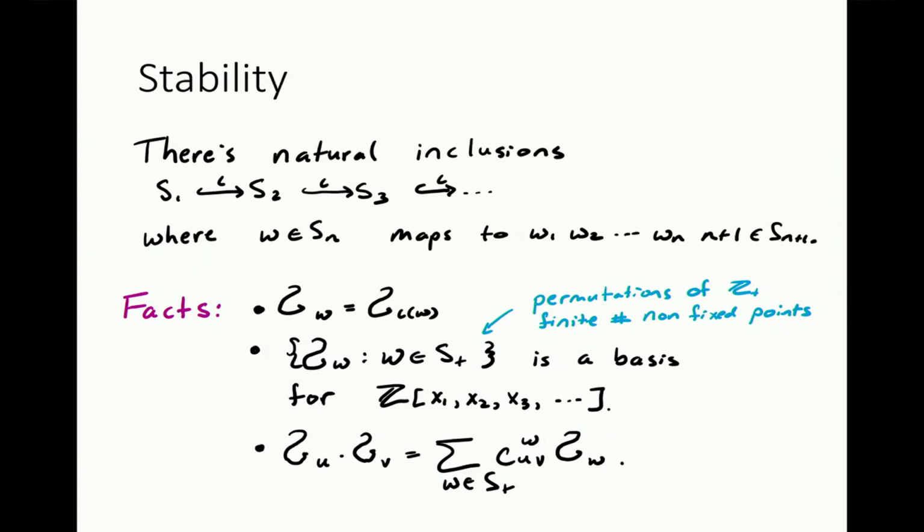So with this inclusion, and thinking about Schubert polynomials as now being indexed by permutations of Z^+, we get a basis for this ring Z[x_1, x_2, ...], this limit of polynomial rings. Then we have a basis, we can take two basis elements, multiply them together, and expand.